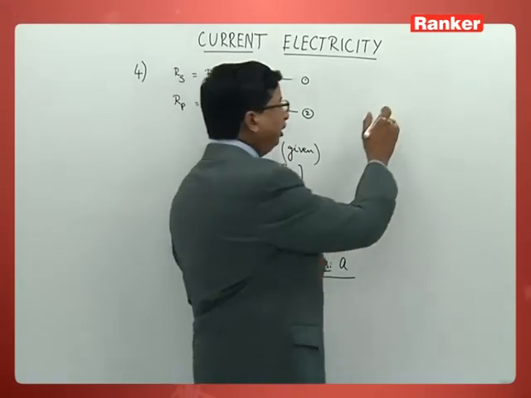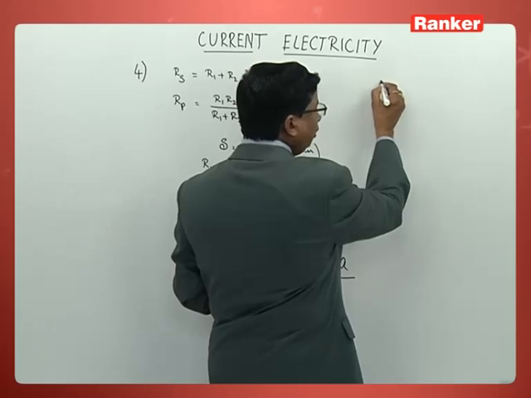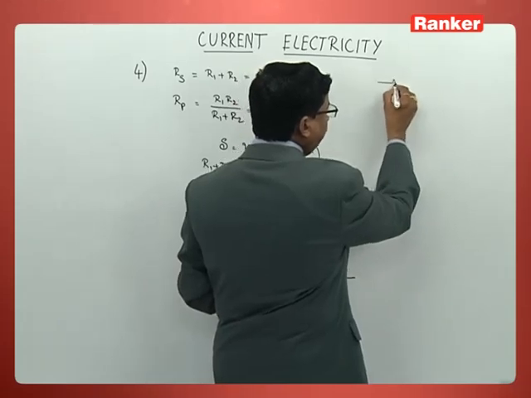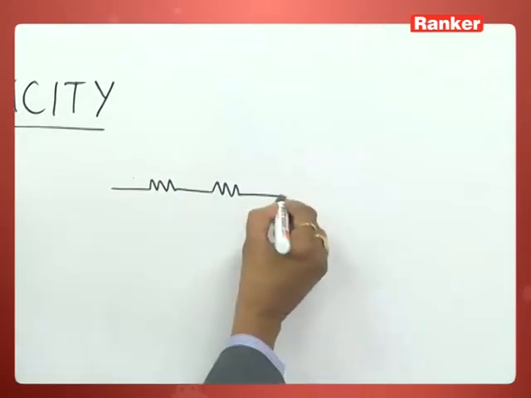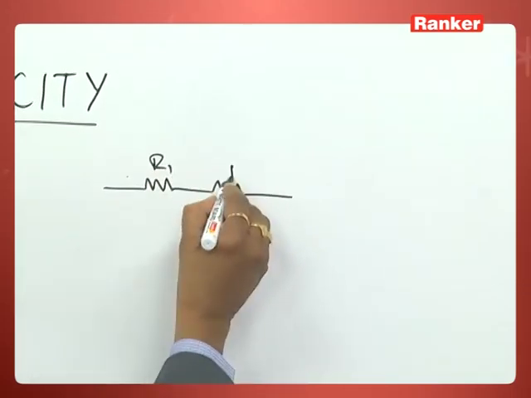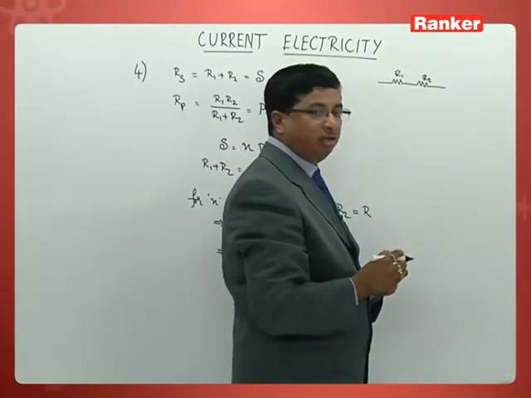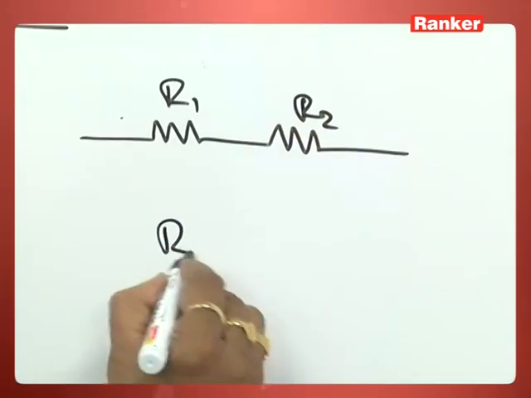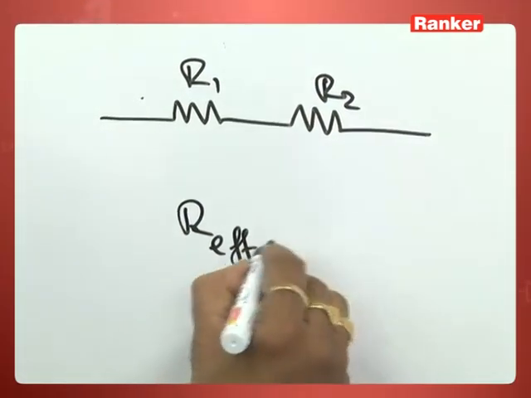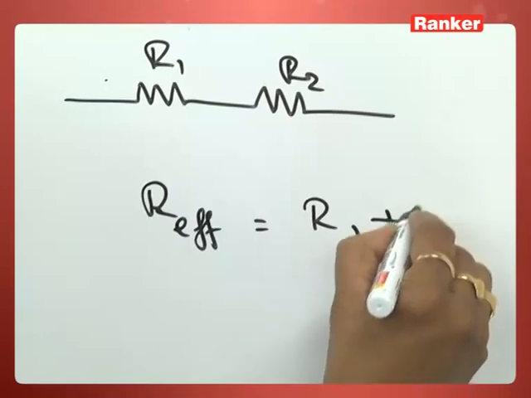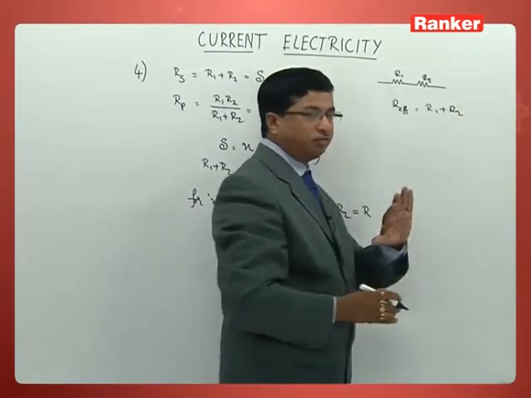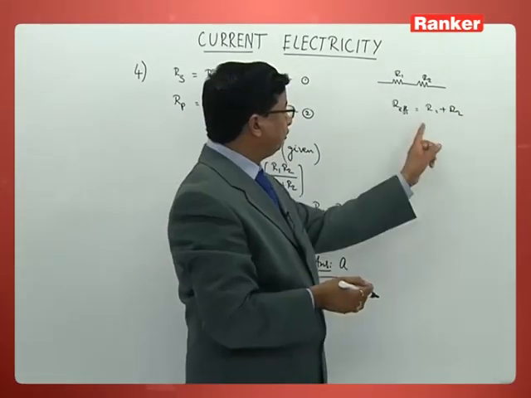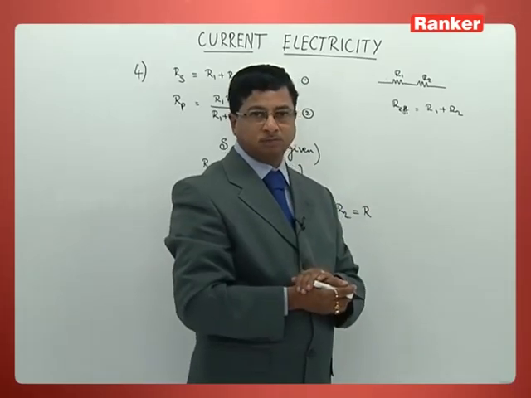For example, if R1 and R2, say two resistances, are connected in series, then what can I write? The effective resistance when connected in series is the sum of their individual resistances. This equation is known to everyone.